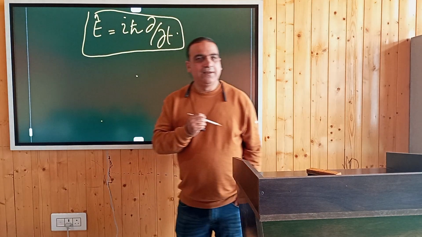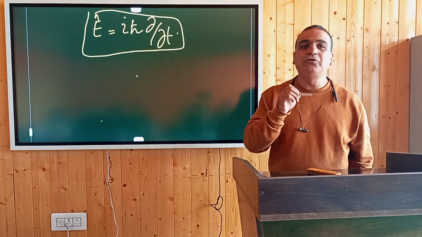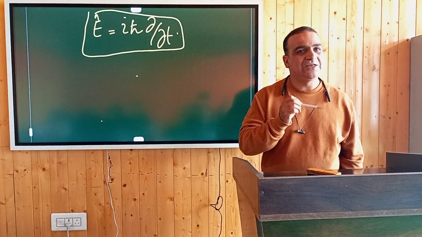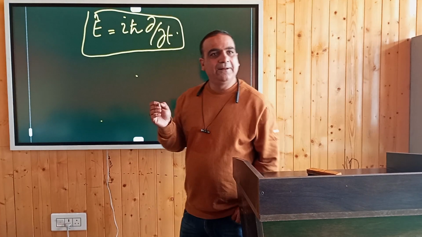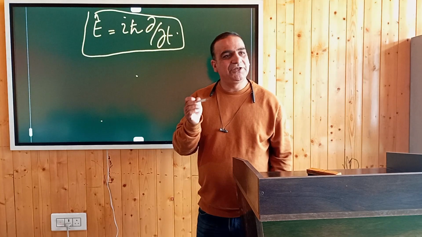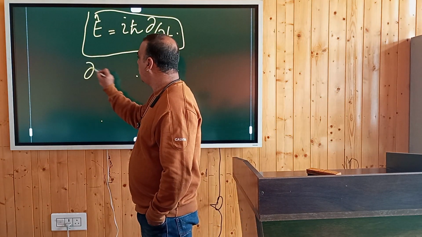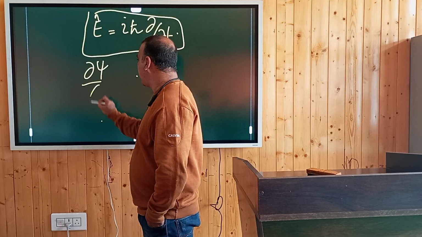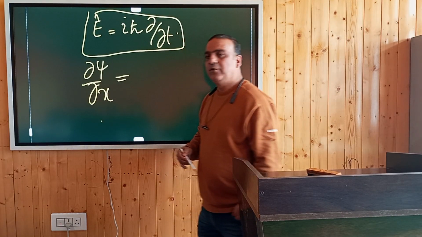Now, again, I'll go back to that equation, right? And I would like to differentiate that equation with respect to the position. So, differentiating the wave function psi with respect to x will give me what? It will give me dou psi by dou x is, yeah, what is it?